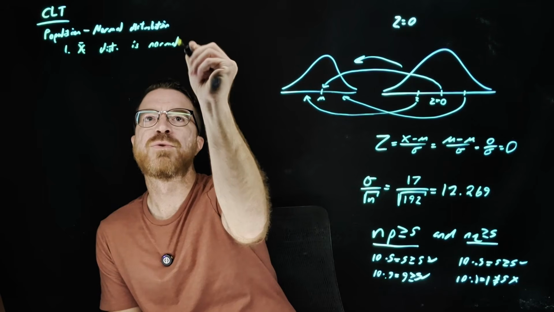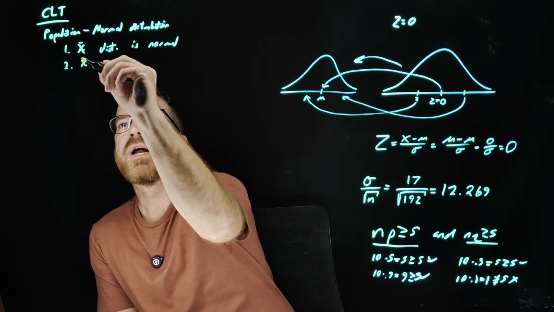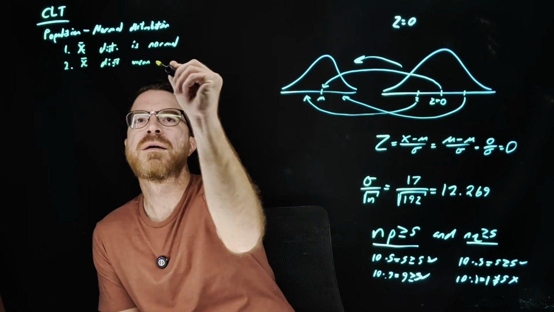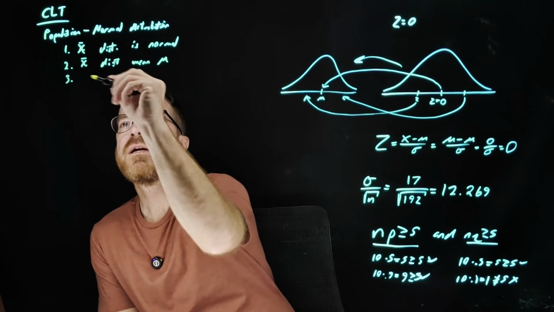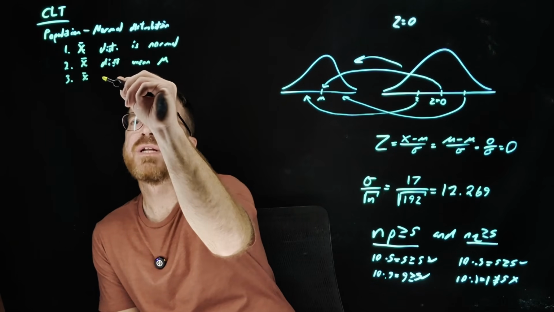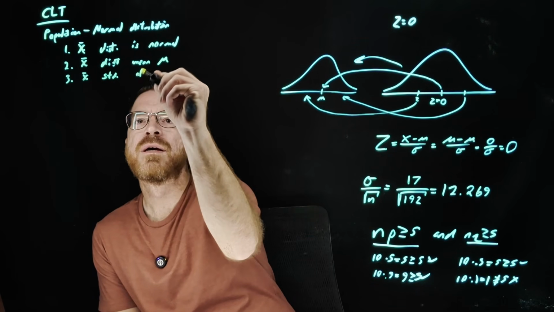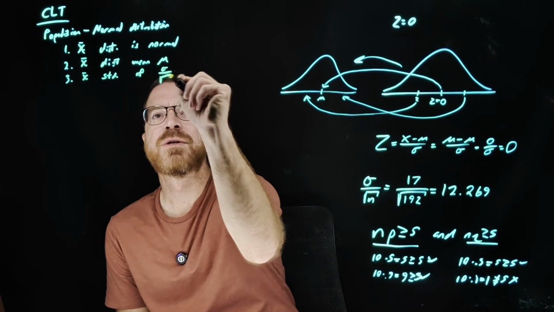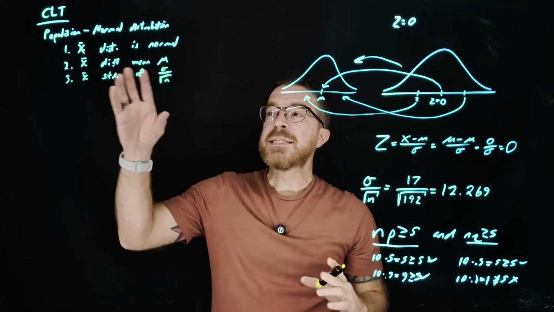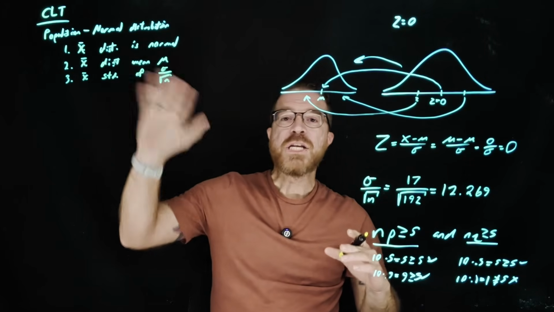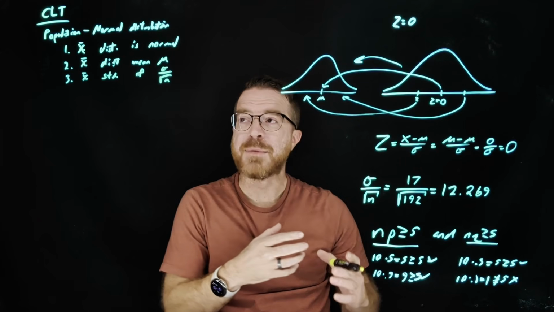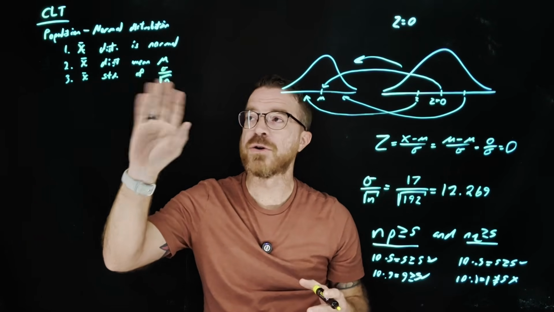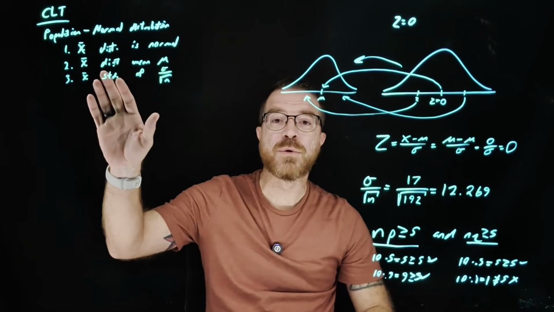Two, our X bar distribution has a mean of mu. And three, our X bar distribution has a standard deviation, which is the standard error of the means, equal to sigma over square root of n. This is the first part of the central limit theorem. If we know our data is coming from a normal population, then no matter what our sample size is, even if it is 1, this is still going to be true.